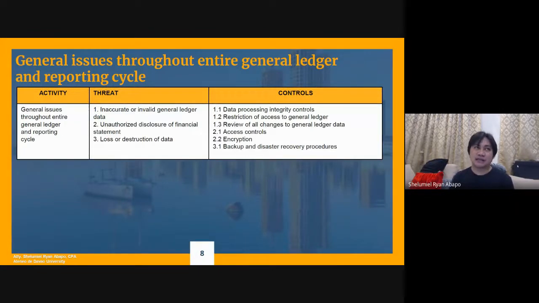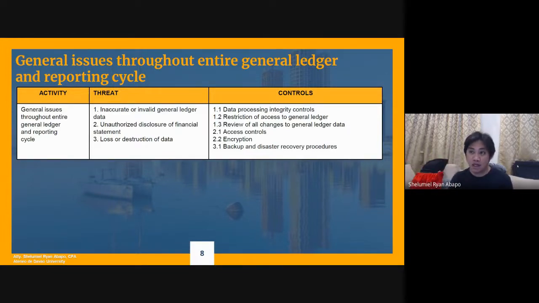If this would lead to insider trading, you'll be liable under the Securities Regulation Code or the SRC. And of course, possible shareholder lawsuits. Yung lawsuits mismo galing sa shareholders kasi may mga prematurely released internal or sensitive financial information. And the best control procedure for reducing the risk of unauthorized disclosure of financial statements would be access controls.